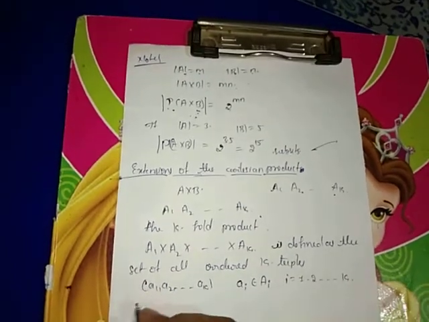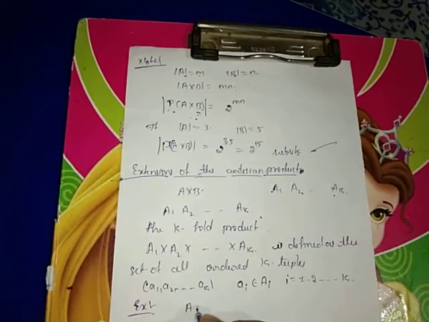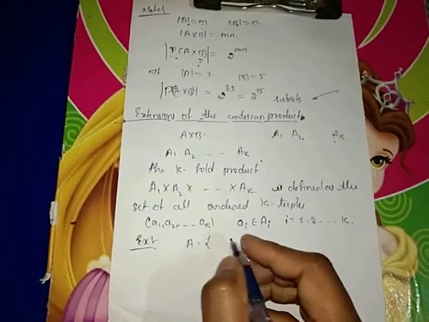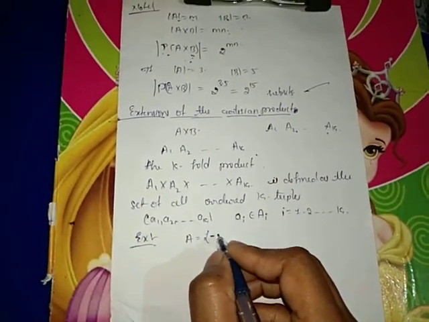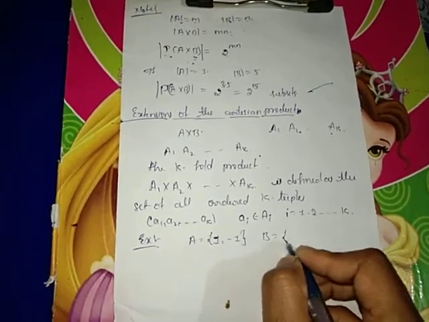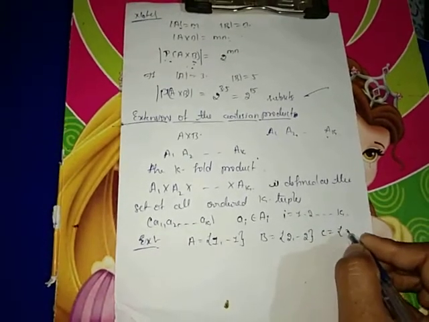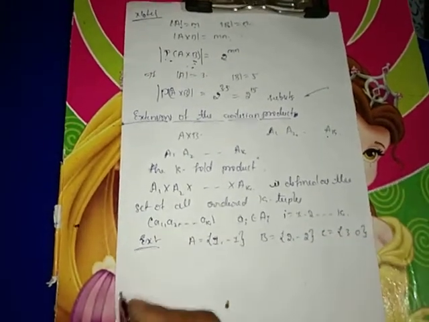For example, suppose A is equal to {1, -1}, B is equal to {2, -2}, C is equal to {3, 0}.